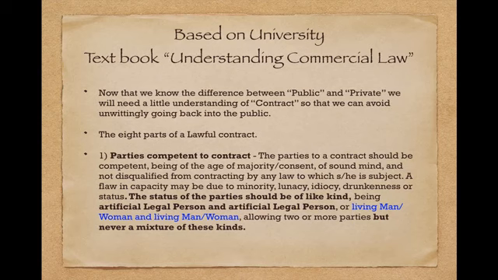A flaw in capacity may be due to minority, i.e. underage, lunacy, idiocy, drunkenness, or status. Now here's the part. The status of the party should be of like kind, being artificial legal person and artificial legal person, or living man woman and living man woman, allowing 2 or more parties but never a mixture of these kinds.